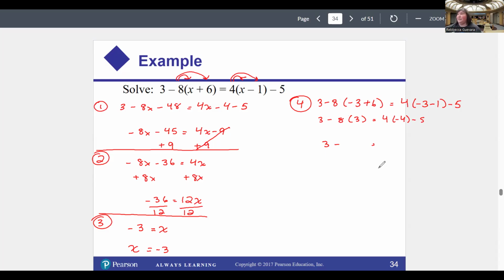I can't do 8 times 3 for some reason today. Negative 8 times 3 is negative 24. We get negative 16 minus 5 here. So 3 minus 24 is negative 21. Negative 16 minus 5 is also negative 21. Checks out. We got the right answer. Like I said, we're just doing the checking to make sure we did it correctly.